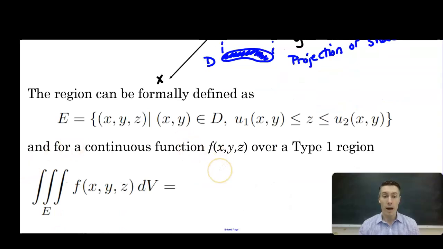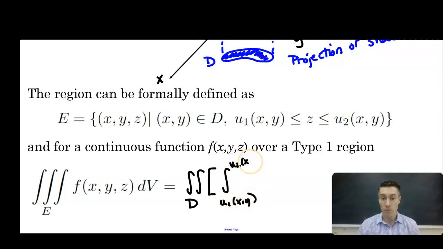So going through this process, we can define the triple integral over the region E of our function, dv, as the double integral over the region D. So we're going to take the double integral of the projection after we integrate first with respect to the 2 surfaces. So going from u sub 1 to u sub 2 of the function f of x, y, z.